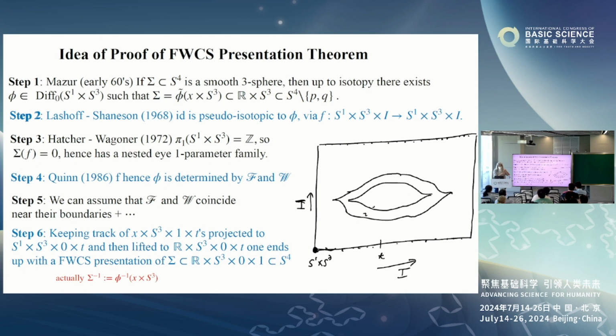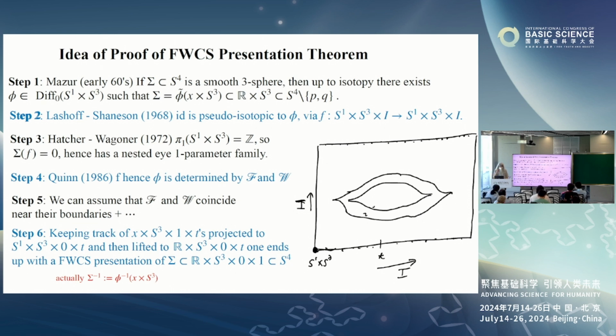Look at the image under that diffeomorphism of point cross S3. Now you get this complicated 3-sphere in S1 cross S3. Lift it up to the universal cover, R cross S3, and stick that in the 4-sphere. That's a way of producing all smooth 3-spheres.